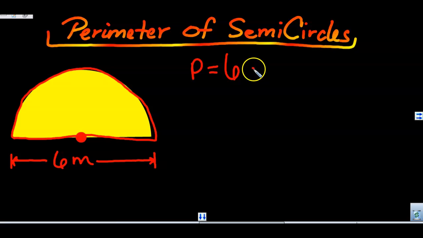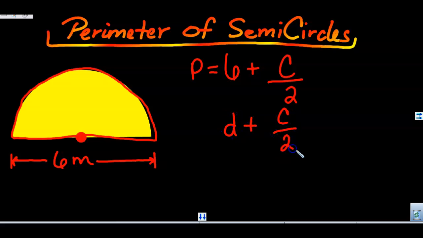Not just part of it, it's actually the circumference of half of the circle. It's half of the circumference. So in order to calculate the perimeter for a semicircle, we're going to take the diameter plus the circumference divided by 2.